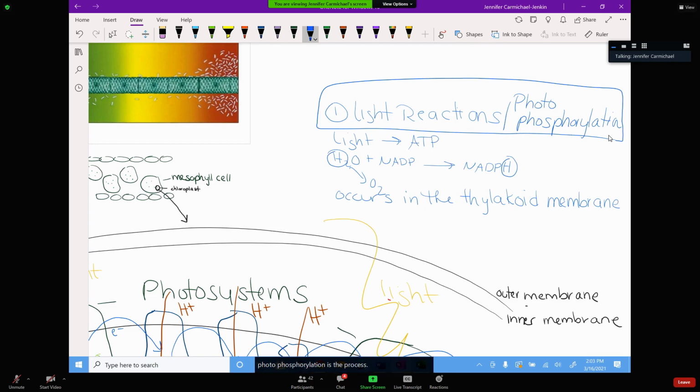Photophosphorylation is the process by which cells use light energy, an electron transport chain, and chemiosmosis to make ATP.